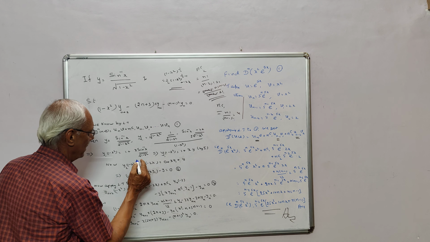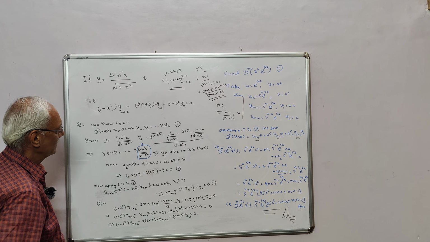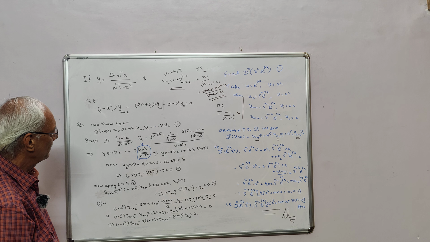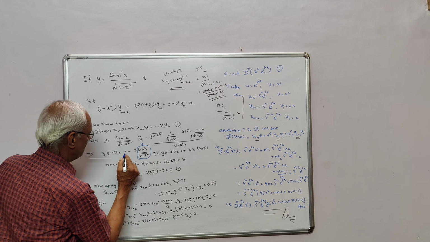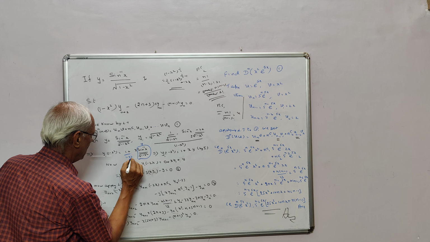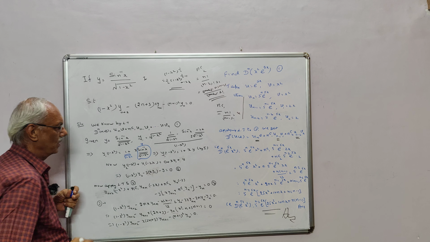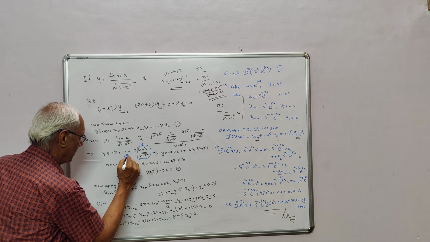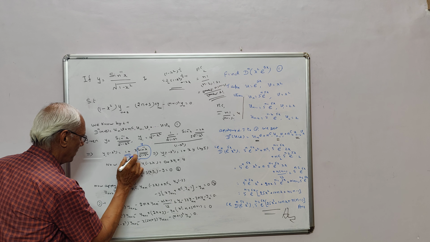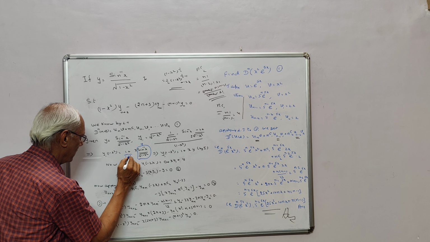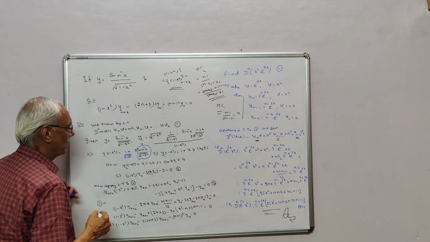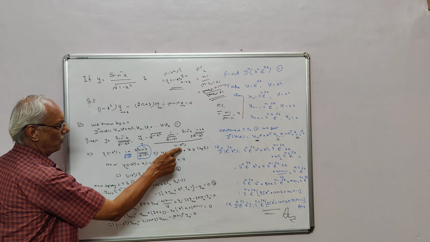You will get y1 into square root of 1 minus x squared, and the whole thing is divided by square root of 1 minus x squared.